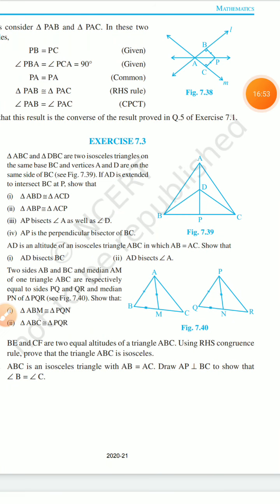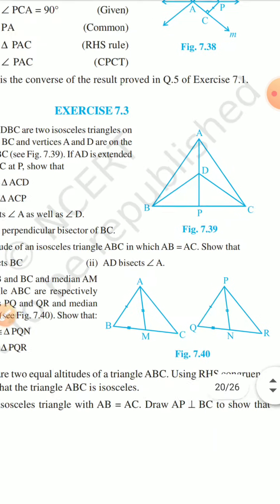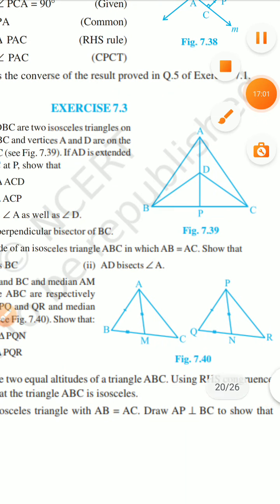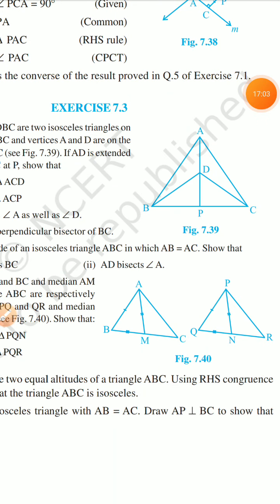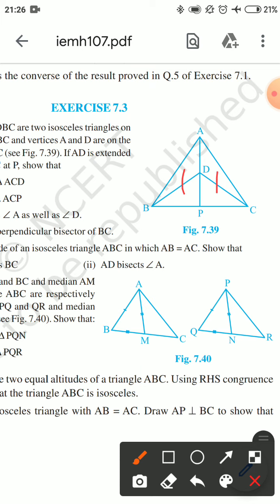Now we need to prove that this AP is the perpendicular bisector of BC. We have proved that this triangle is congruent to this triangle.